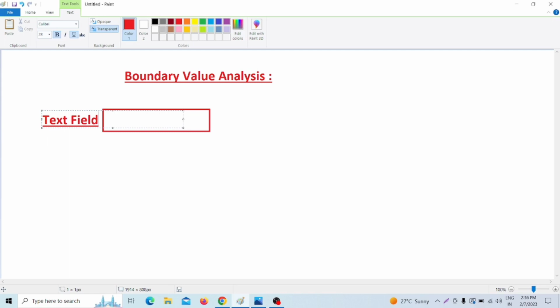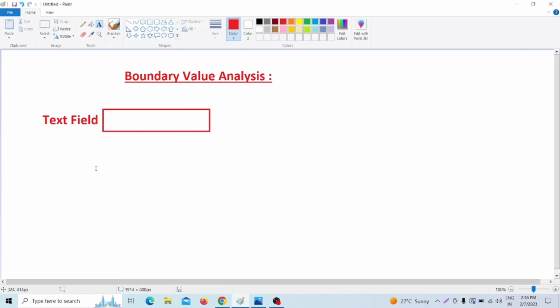Field. It's a text field. Okay. So it's a text field.